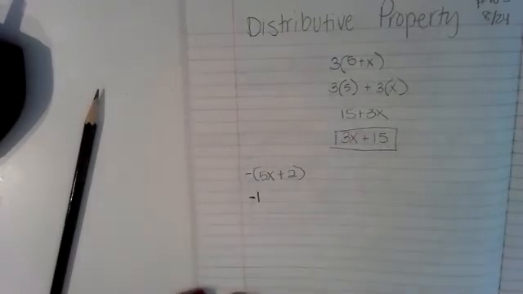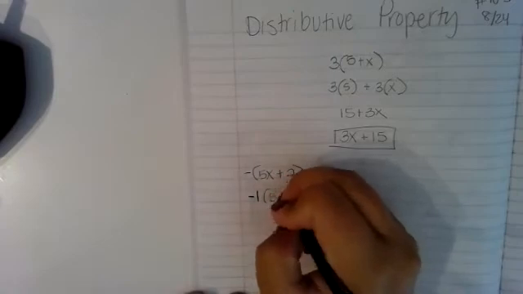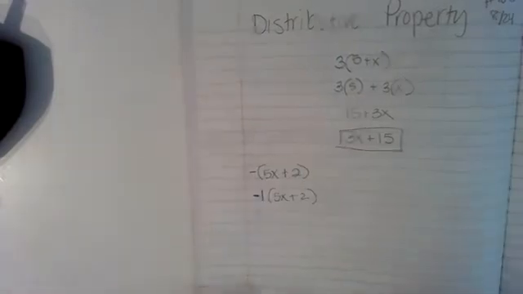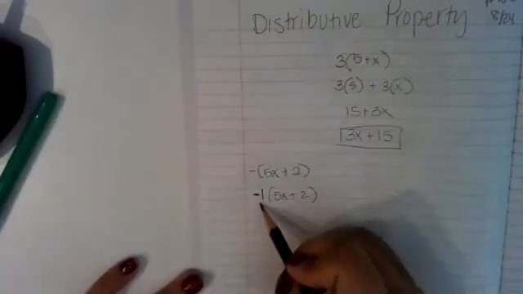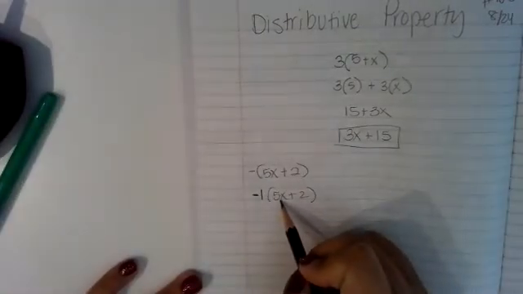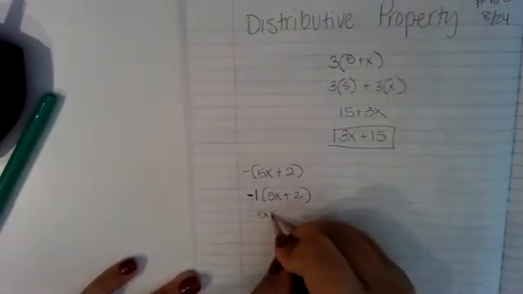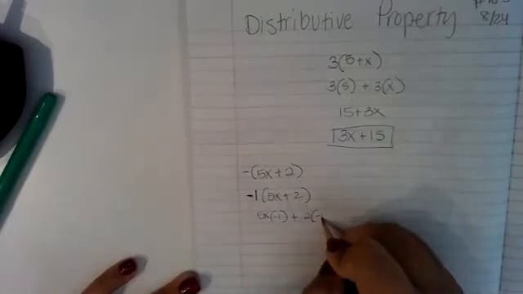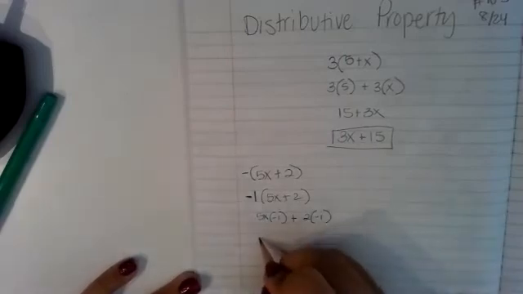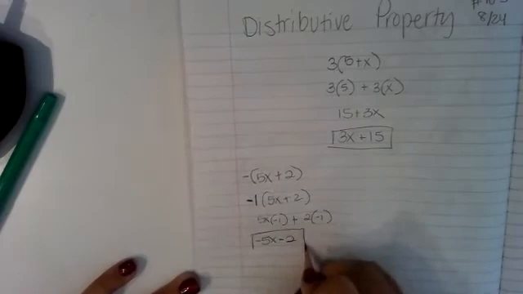That is actually a -1 times the quantity of 5x plus 2. So I have to remember that this is a -1 that has to be distributed into my parenthesis. So again, this would be 5x times -1 plus 2 times -1, which means that I have a -5x minus 2.